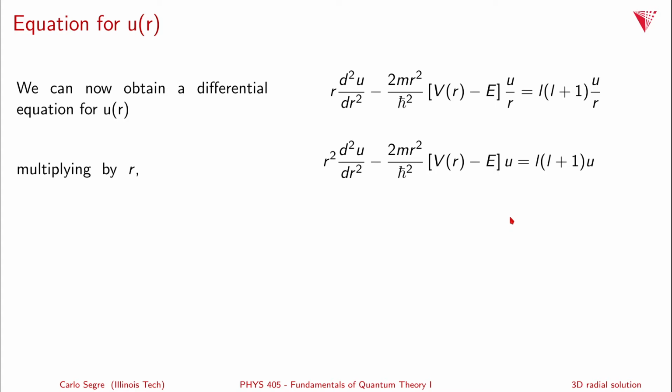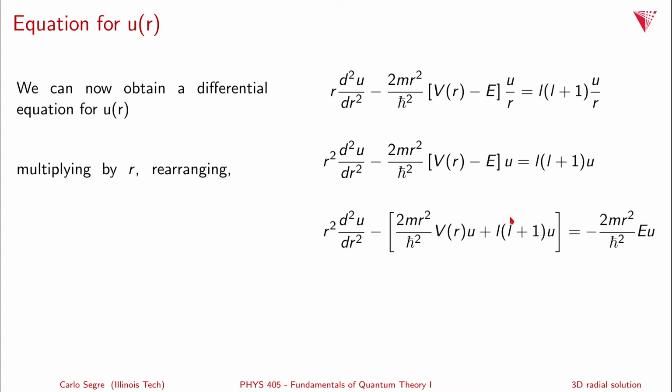We now do a little bit of rearranging. We bring the energy over to this side, and we bring this term over here. And we get r squared d squared u/dr squared minus the quantity 2mr squared over h bar squared times V of r times u plus L(L+1) times u equals minus 2mr squared over h bar squared times E u.